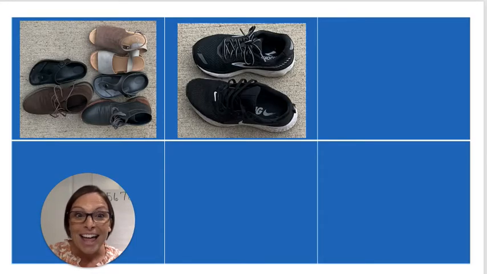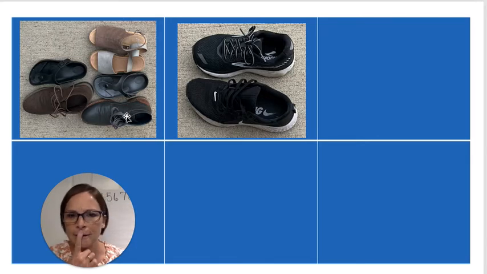Yeah. Did you do it like this? This is how I did it because these two are more like running or play shoes, and all of these don't seem like they'd be quite as easy to run in. Because like, look, these kind of look a little dressier. These look like they would be great to maybe go to the beach in. And these look a little dressier too. Do you see what I've done here?